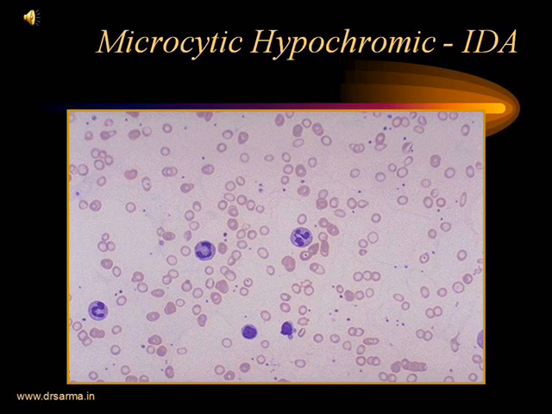WBC are around 12 microns, and our RBC here are not even half of that. They are less than that. And the majority of the cells are totally empty with complete pallor except a thin rim of hemoglobin. Such a picture is highly consistent with microcytic hypochromic anemia.